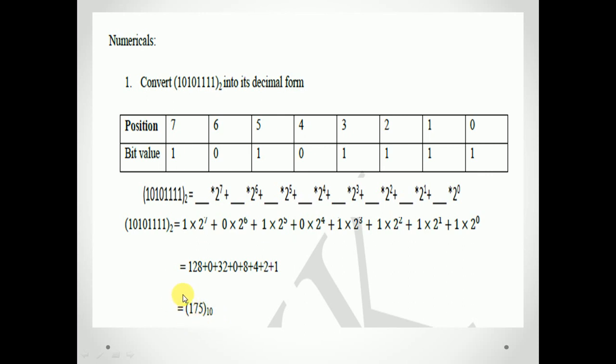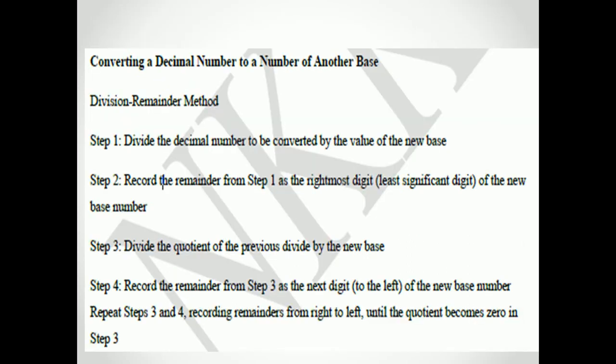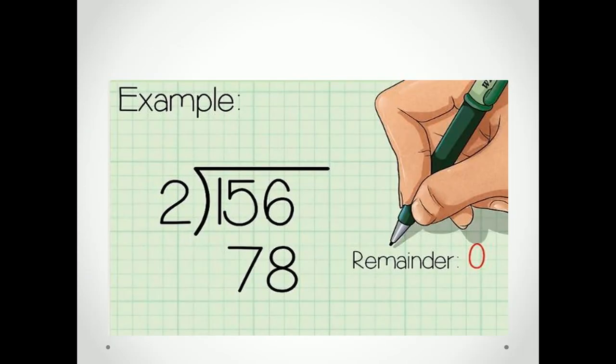You have to write like this: 156 to the base 10 into decimal form. Sorry, into binary form. Convert the number 156 into its binary form.